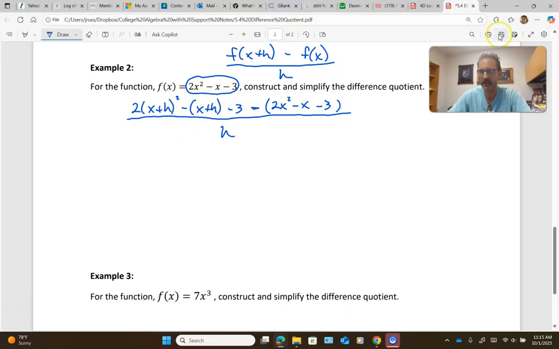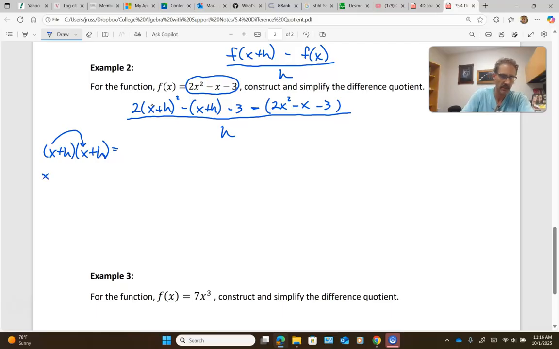But we've got a lot of simplifying to do here. The first thing we need to do is address this exponent, x plus h squared. This is not x squared plus h squared, because when you square a binomial, you're multiplying it by itself, and you have to multiply these two using the FOIL method or the distributive property, depending on how you look at it.